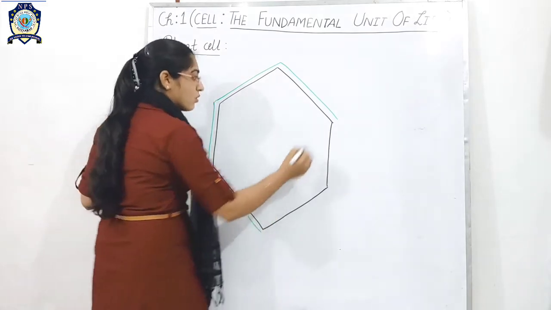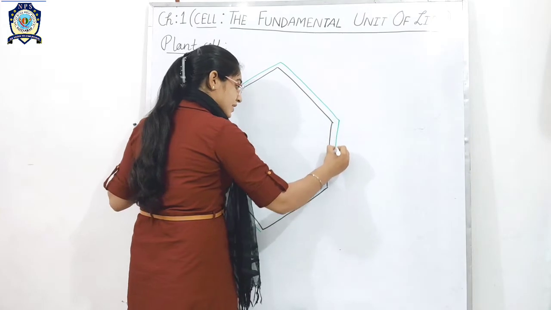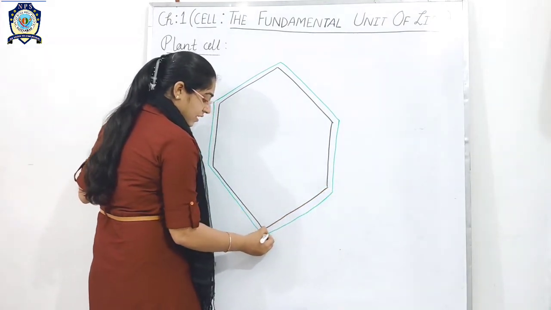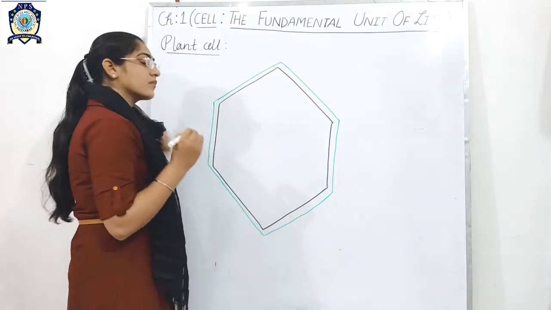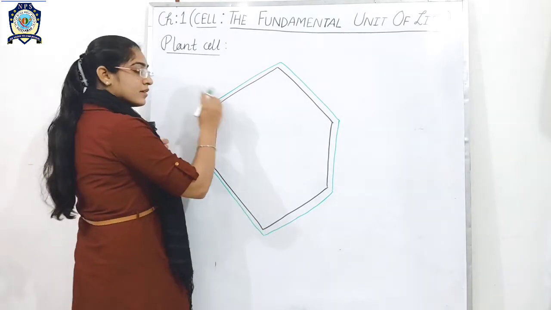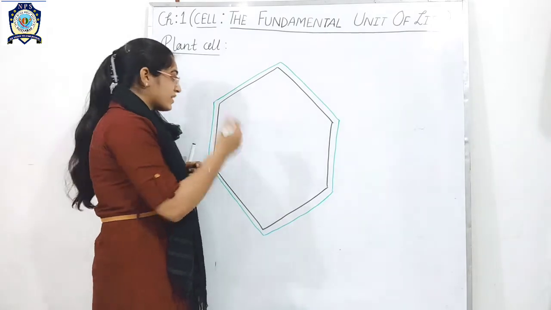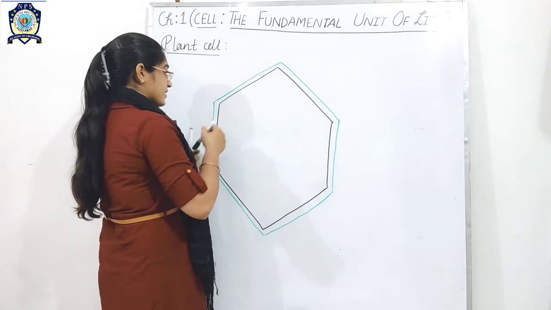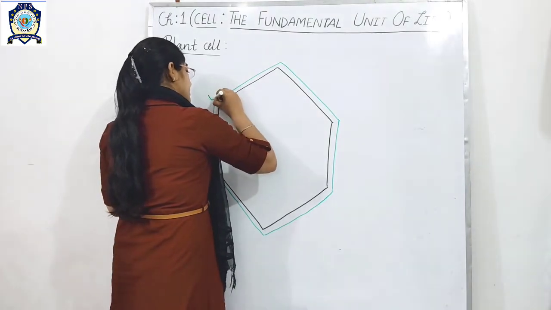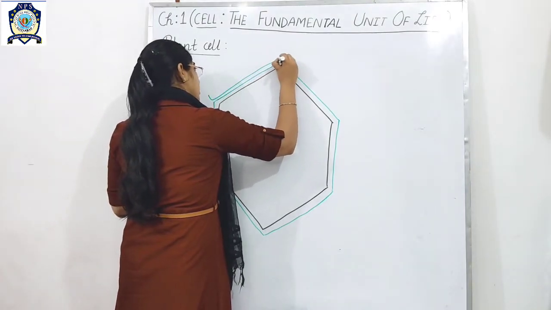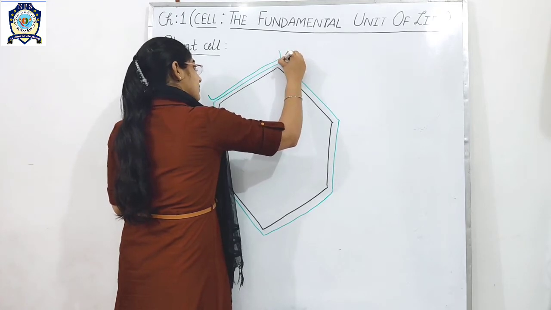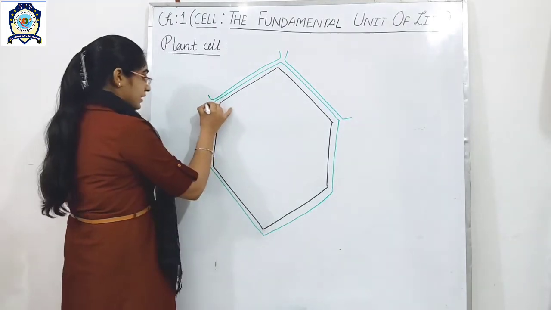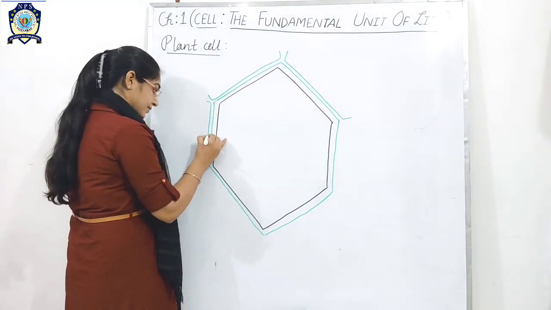We have discussed all the cell organelles, even the cell membrane and also the cell wall. There is a primary cell wall and a secondary cell wall. So you have to draw it like this. Easily you can draw it.